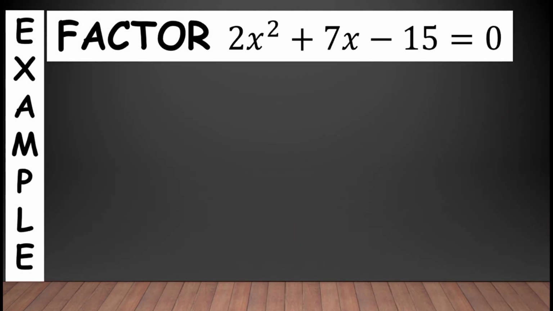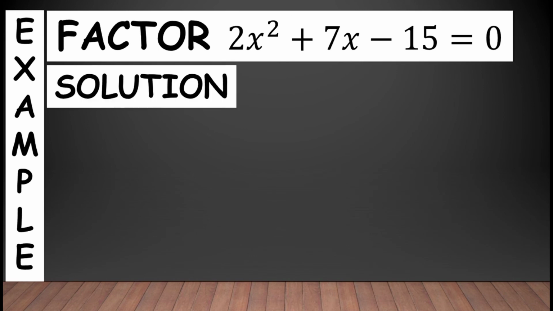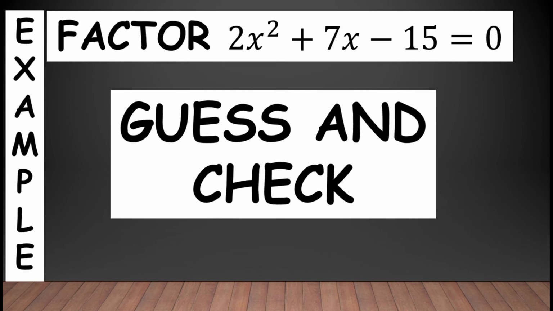Let's factor 2x squared plus 7x minus 15 equals 0. In this case, it is a kind of quadratic equation that is factorable. So again, utilize the concept of guess and check. If we notice in this equation, our quadratic term has a numerical coefficient of 2.